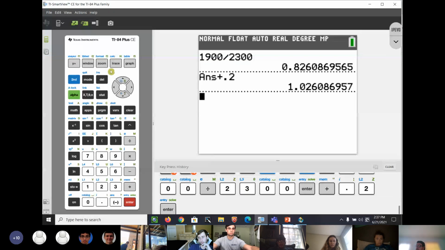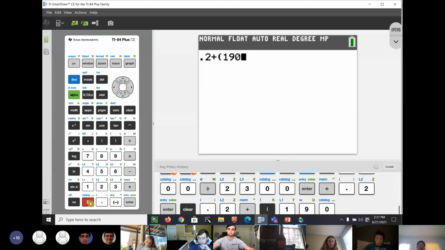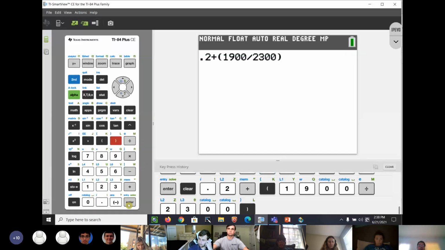And let's plug in 0.2 plus parentheses 1900 divided by 2300. And that's 1.03. So it costs you $1.03 to make up to 2,300 units of whatever you make.